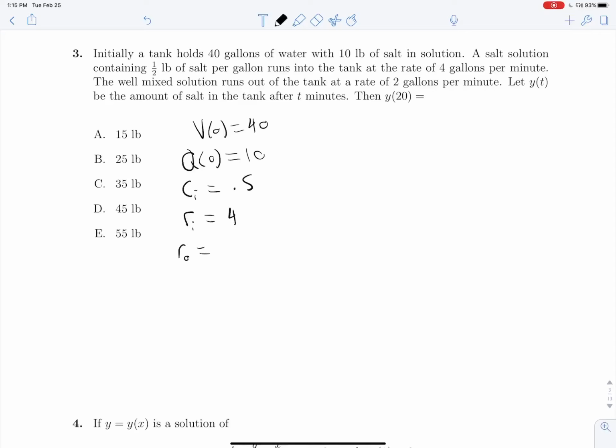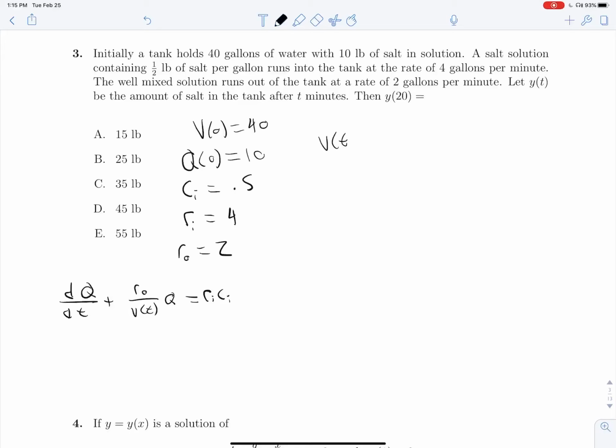RO equals 2. And from this information, we can plug everything into the equation that we know solves this system. dq dt plus RO over V of t multiplied by q is equal to RICI. We can fill in all these blanks, but first we're going to have to make our v of t equation. We know that v of 0 is 40, and we see that every minute 4 gallons come in, 2 gallons go out.